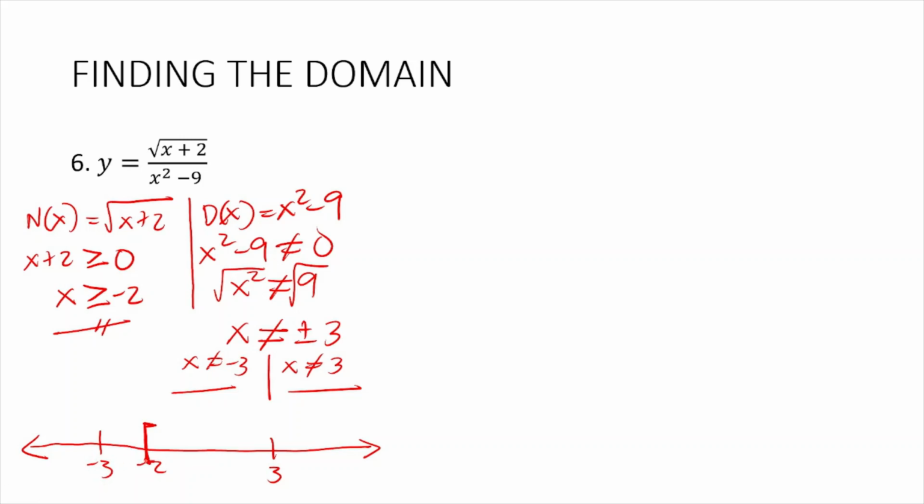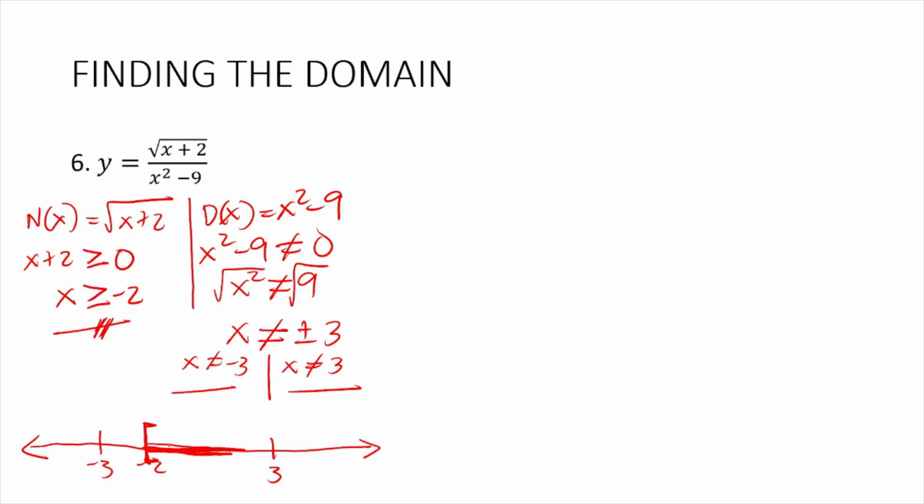Okay, because this is already excluded in our domain. So from x equals negative 2, we go to the right. As we go to the right, these x values in between are included as stated by this inequality, x greater than or equal to negative 2.